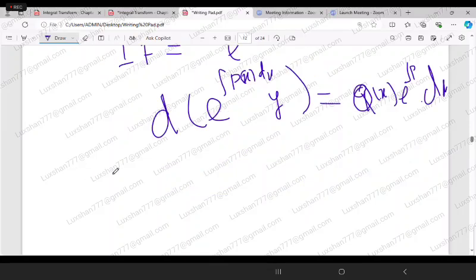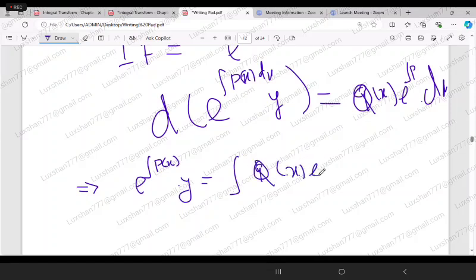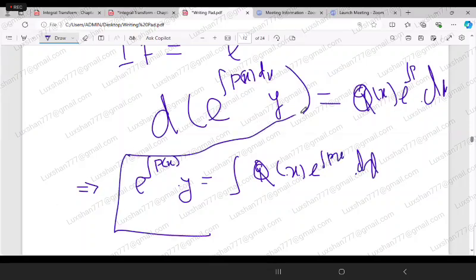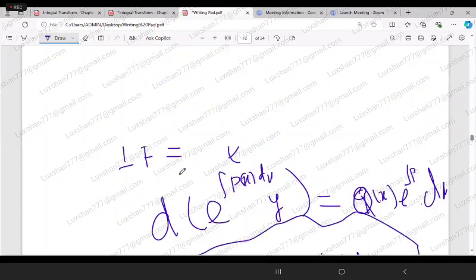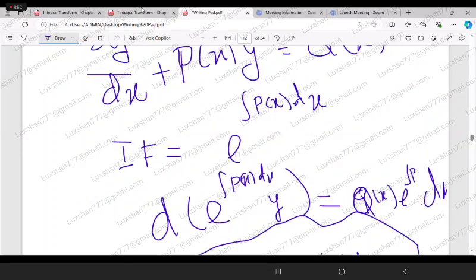Okay, so then if you solve this one, you will get e to the power integration P dx into y equal integration Q(x) e to the power integration P dx dx. Okay, so that's the solution. Please try to understand these things. Okay, these things will be needed here.